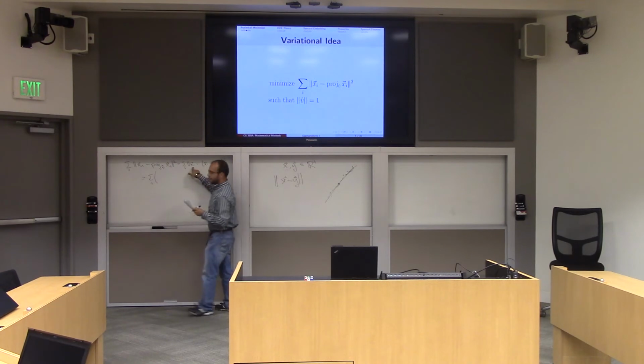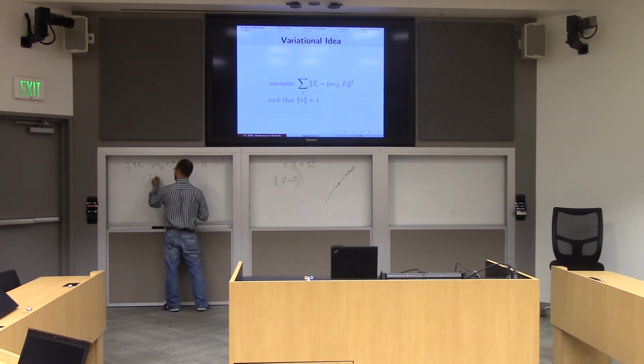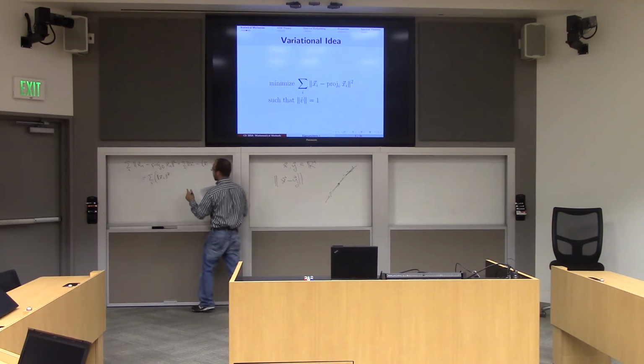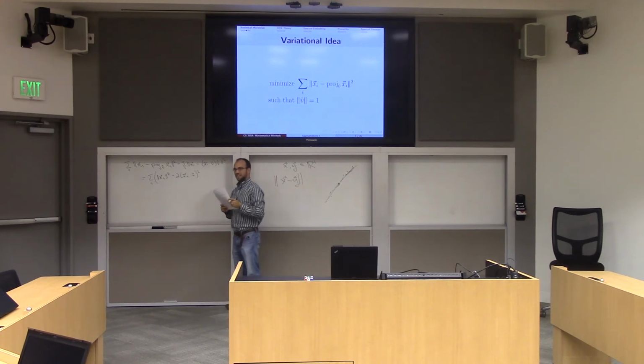Well, xi dot itself, which is just the norm of xi squared, minus 2, and then this is just a scalar, so xi dot v hat times xi dot v hat. Ain't that convenient? And then plus this guy dot itself.